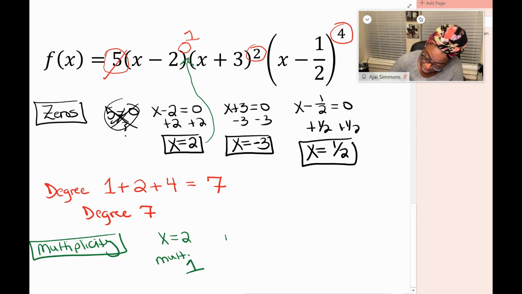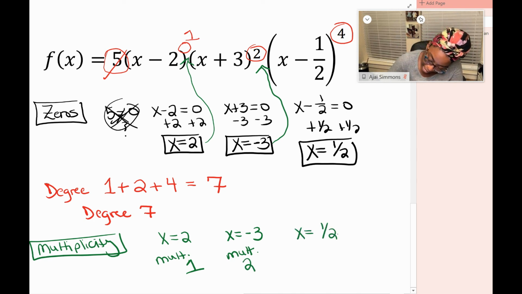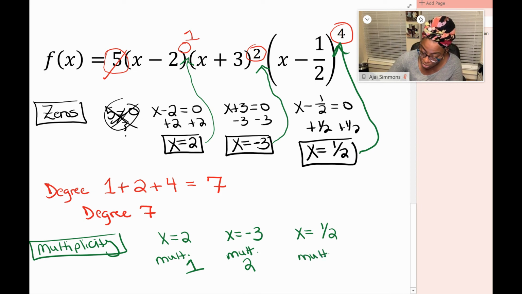What's the multiplicity of x equals negative 3? You go back up here and you look at the power. The power is 2. So the multiplicity is 2. What's the multiplicity of 1/2? Again, you go back and you look at the power. The power is 4. So the multiplicity is 4.